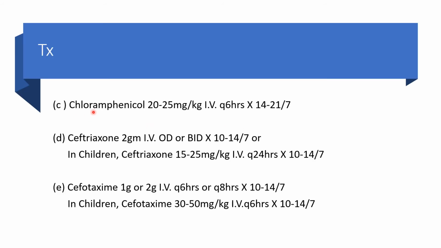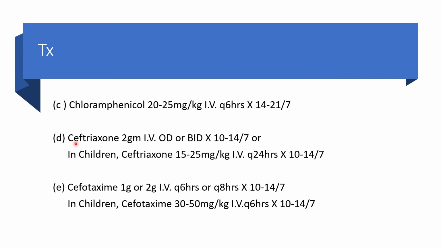So, chloramphenicol. If that is what is available, if you are not dealing with drug resistance to chloramphenicol in your region, then you can go for chloramphenicol 20 to 25 milligram per kilogram intravenously every 6 hours for 14 to 21 days.